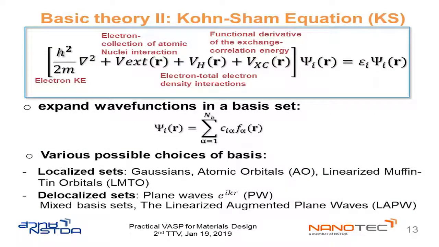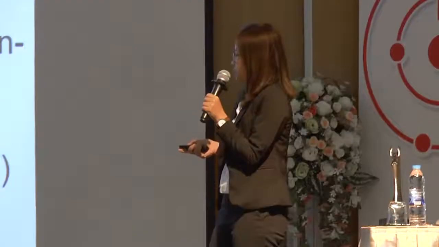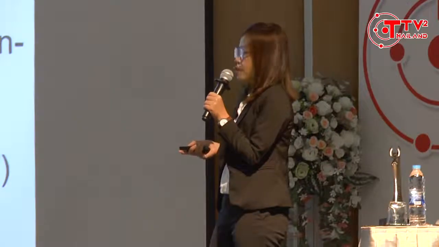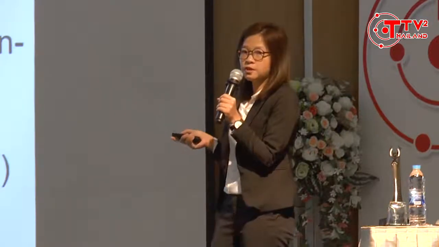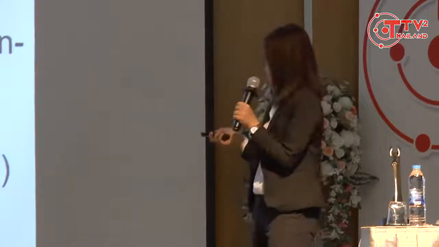So this basis set can be represented in the form of a localized set, like you use in Gaussian or atomic orbitals. And in plane wave, we use the delocalized set to represent the basis set of the electron wave function.